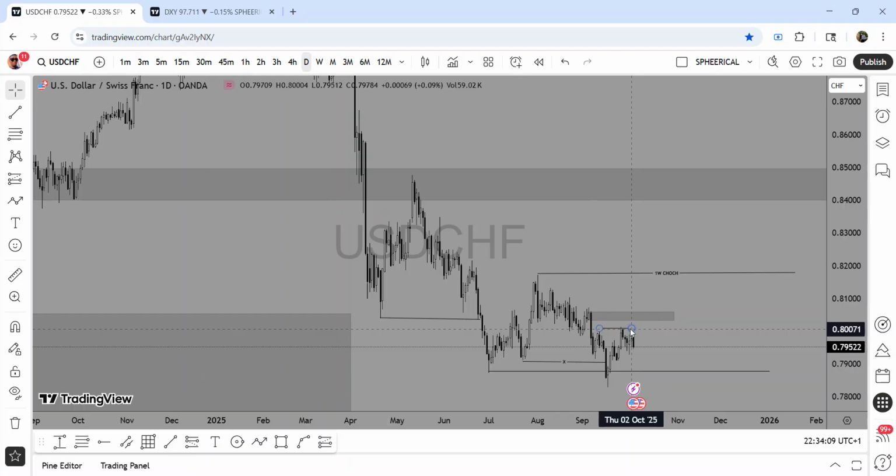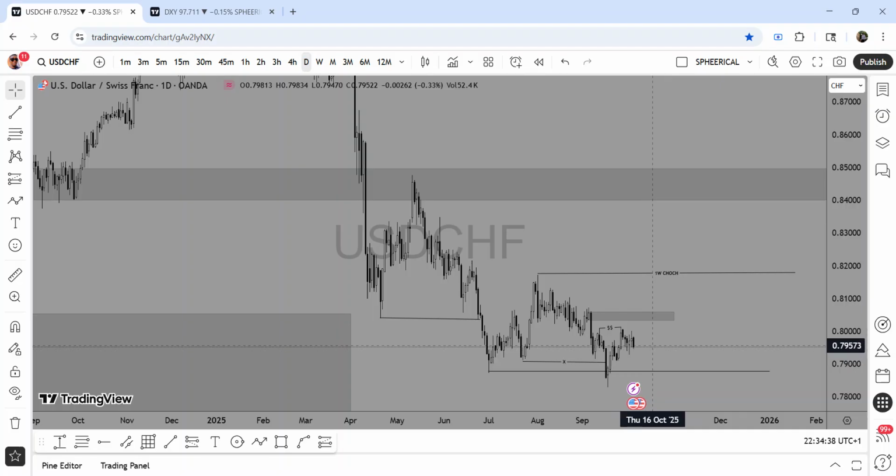We are going to take these 2 points as a liquidity point and put a dollar sign to show that this is where some people will put their stop loss above there. So we are hoping for the market to sweep their stop loss and go down.